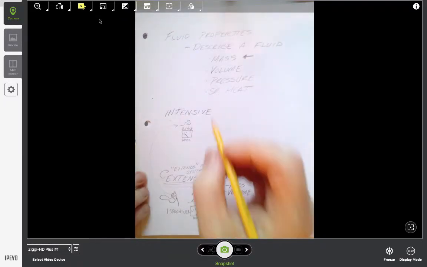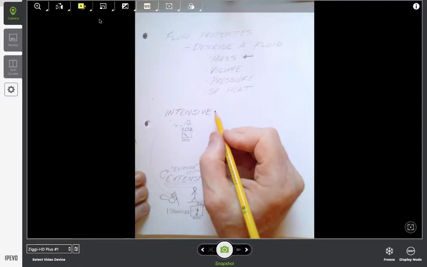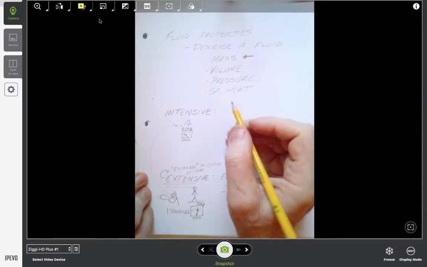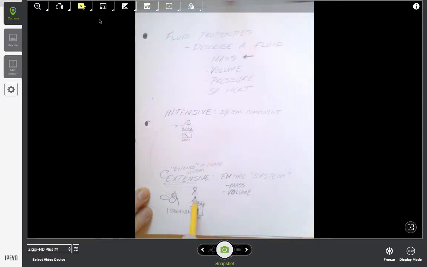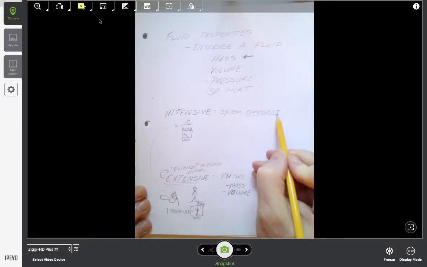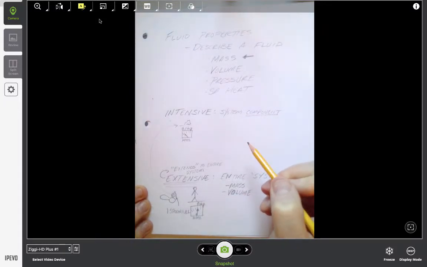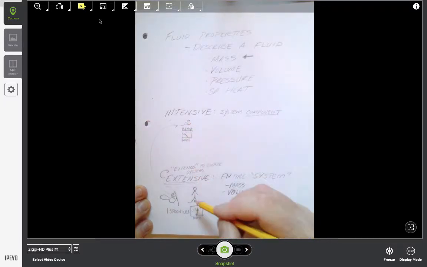Okay, so the intensive property generally refers to a system component. So this entire body is comprised of a collection of spoonfuls, thousands of them. Any one spoonful is an individual component, and the properties relate back to the boundary of the entire system as well as to the component boundary.